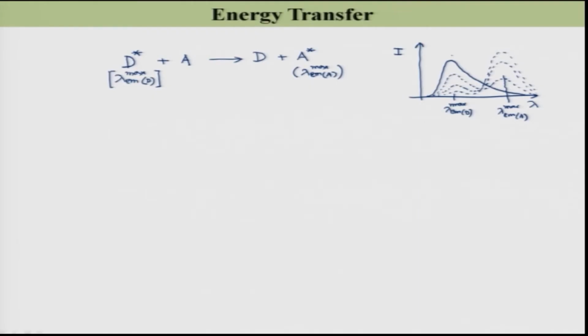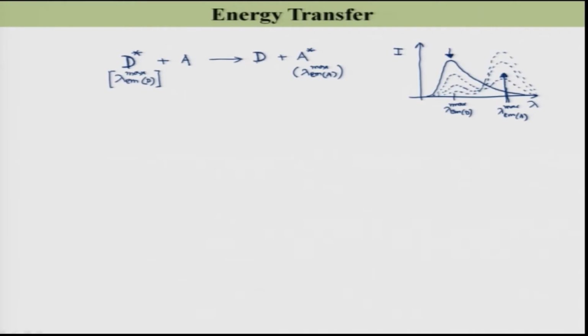Now, if you look at this wavelength, you will see that fluorescence is quenching, but at this particular wavelength the fluorescence is actually increasing also. So, this is a special type of thing. Just looking at it, I can simply tell that the energy from D star is getting transferred to A, so that D is getting deactivated.